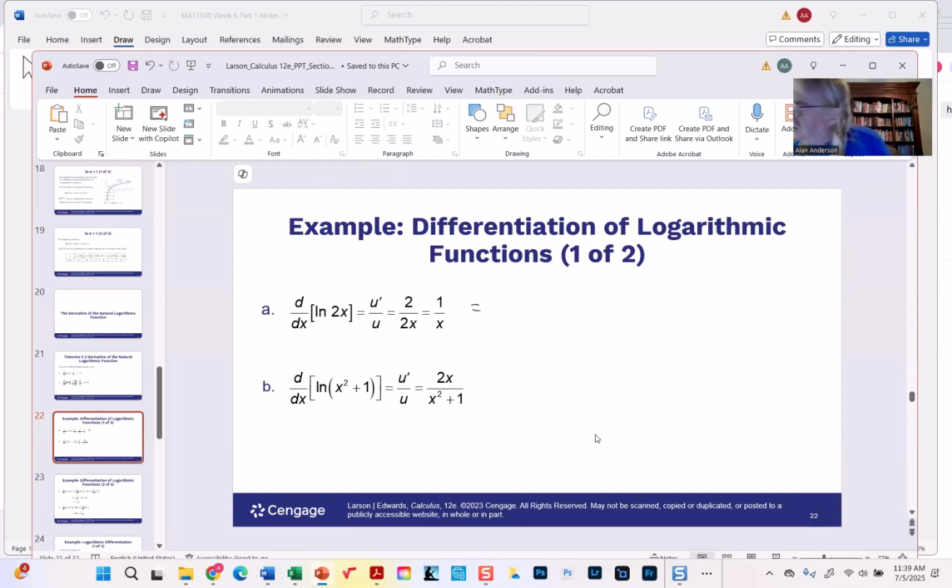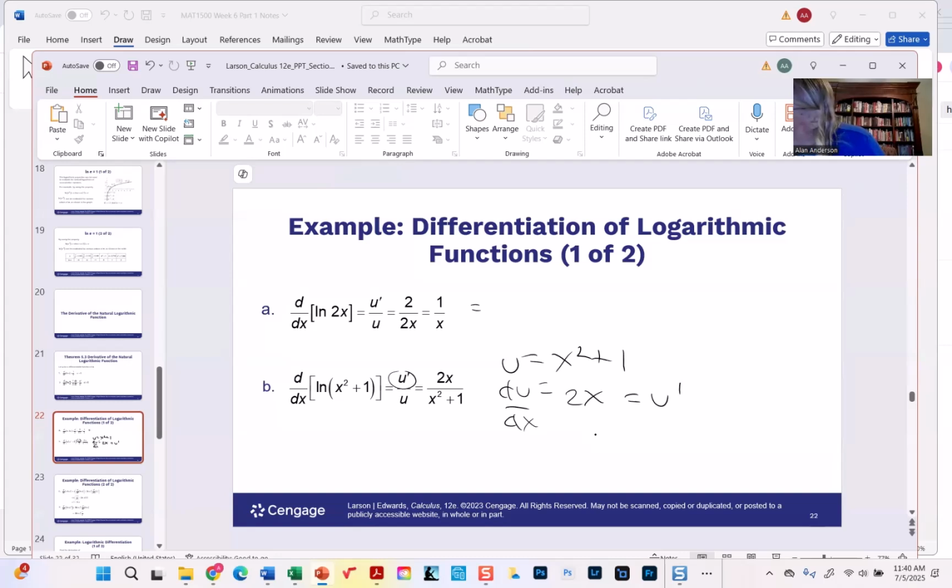But here, if you let u equal x squared plus 1, du dx is 2x. And now keep in mind, in this book, u prime means the same thing as du dx. Sometimes they like to use that notation. The prime means it's a derivative.